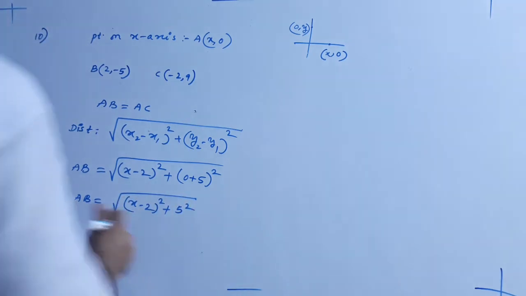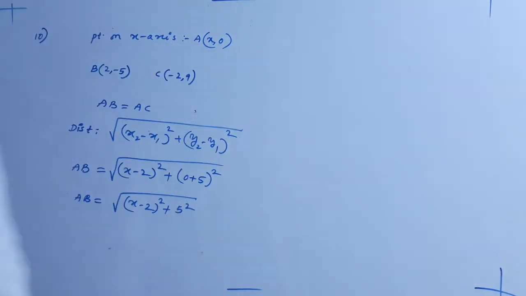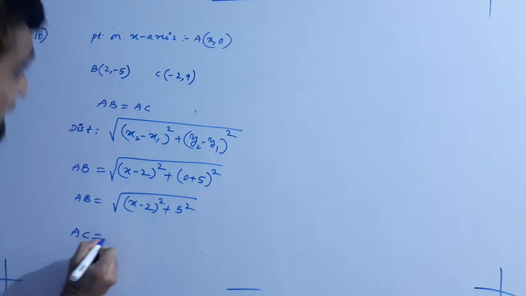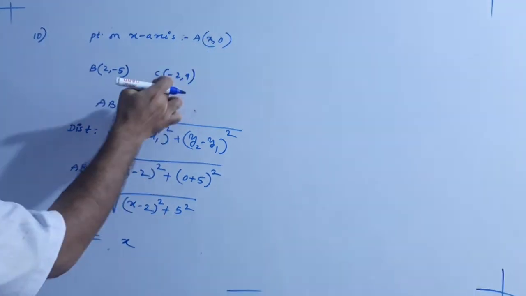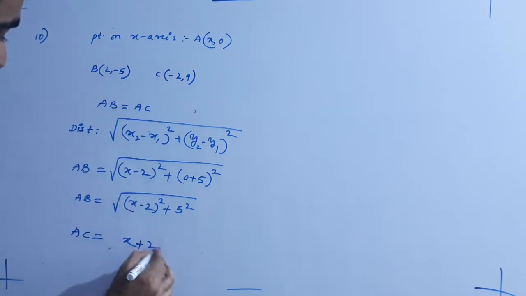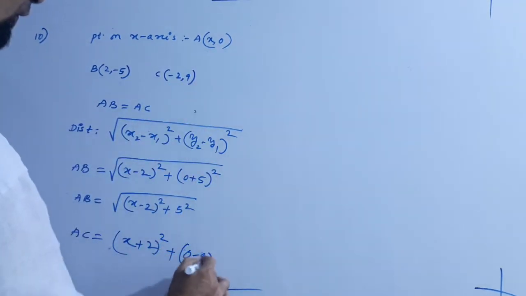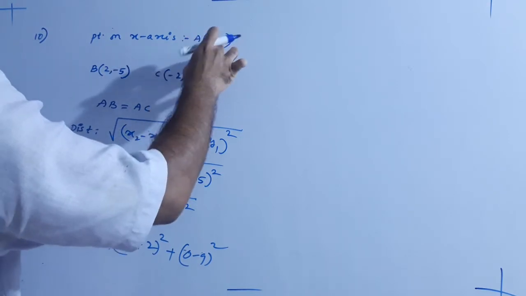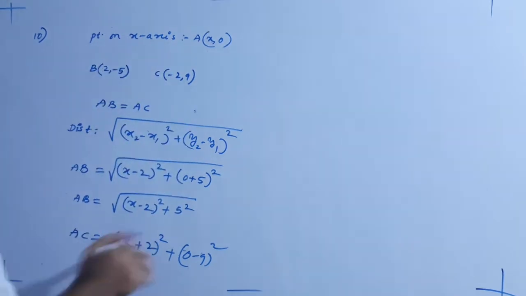This is AB. Now let us go for finding the value of AC. AC is (x minus of minus 2, that is x plus 2) whole square plus (0 minus 9) whole square. That's what we are doing here.